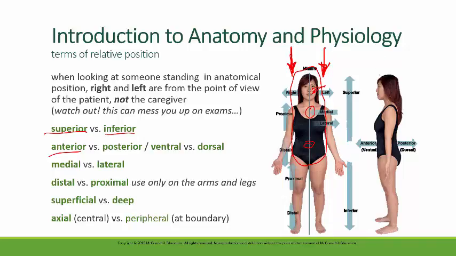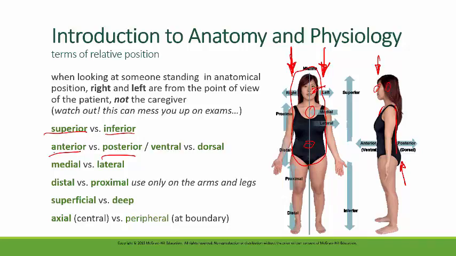So the face is on the anterior surface of the body, while anything on the back side, the gluteal region, is posterior. We could even say things like the nose is anterior to the ears, or the spine, which runs right here, is posterior to the sternum again. Okay, so anterior and posterior.